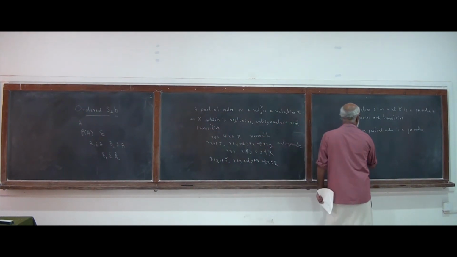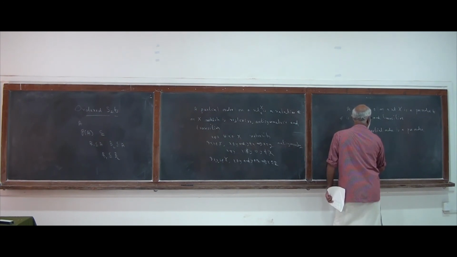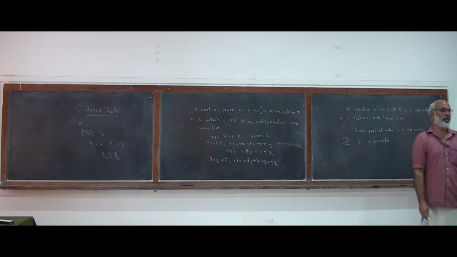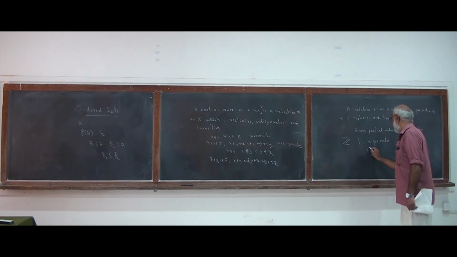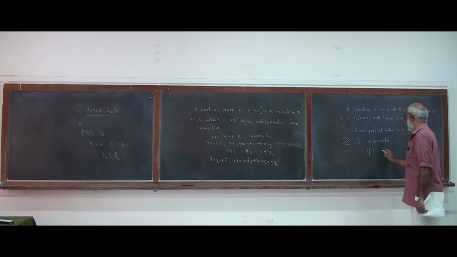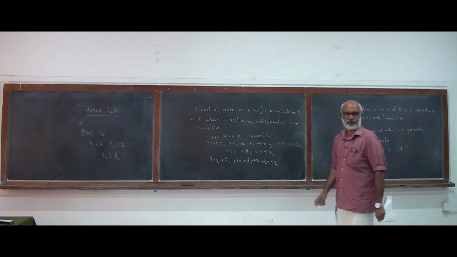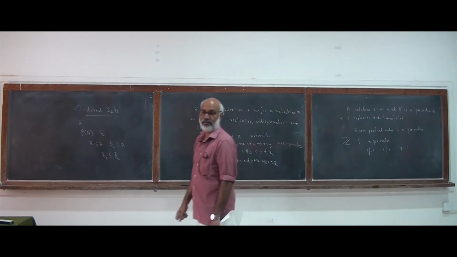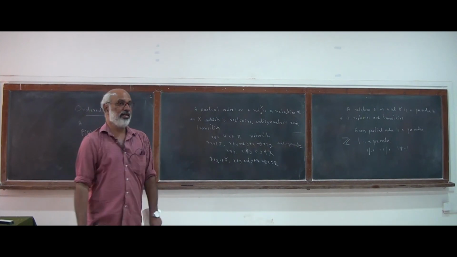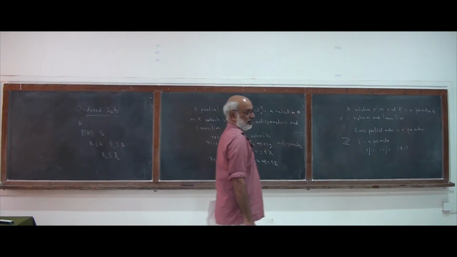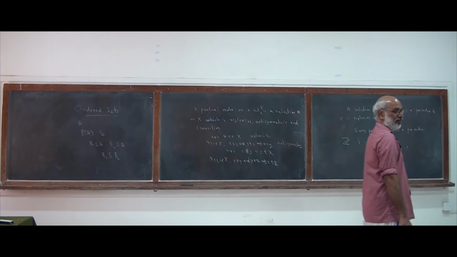Therefore, this is a pre-order. Whereas this relation is not antisymmetric, in the sense that 1 divides minus 1, and minus 1 divides 1, but 1 is not equal to minus 1. So in the set of all integers, divides is not a partial order, but it is a pre-order.